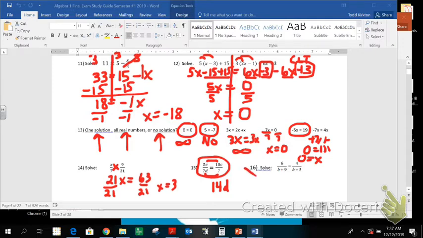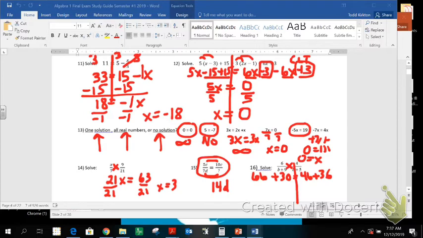And the last one, I need to cross multiply and be careful because I need to distribute. So I have 6b plus 30 equals 4b plus 36. And then it's just an equation.